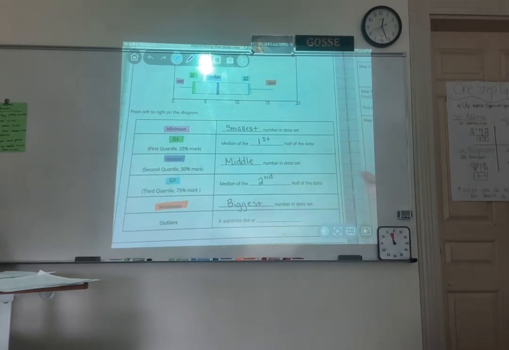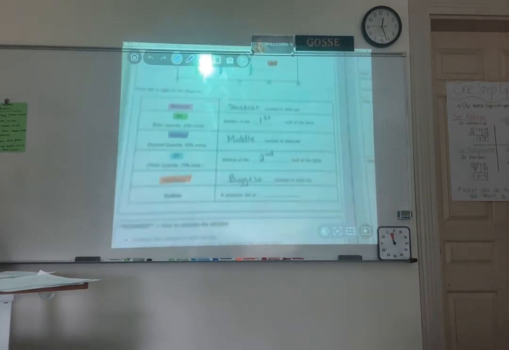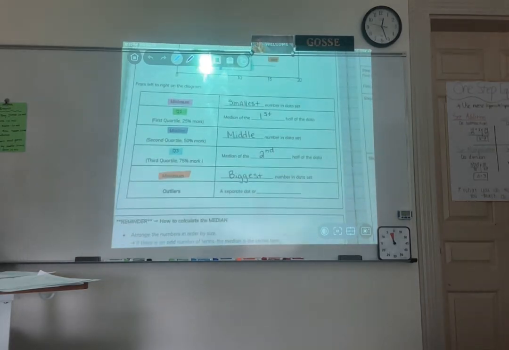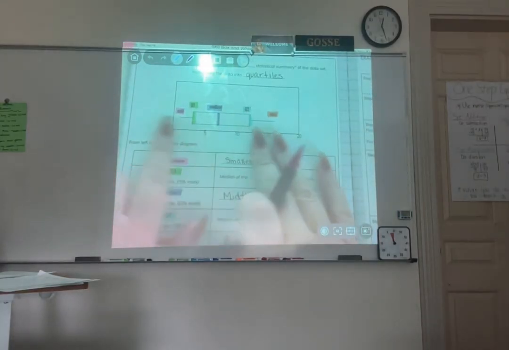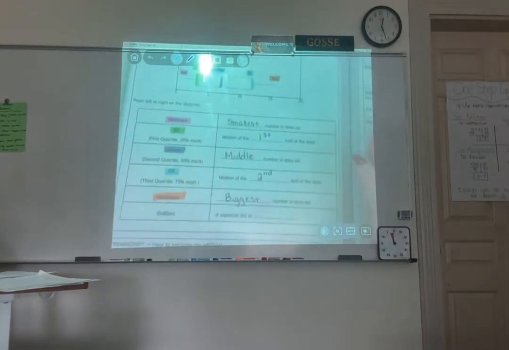Now, there are 2 things on this page that I would like to utilize, all right? There is one more vocab word at the bottom of this chart. It says an outlier. I'm not going to highlight it because this picture on top right here does not show an outlier, that we know of.